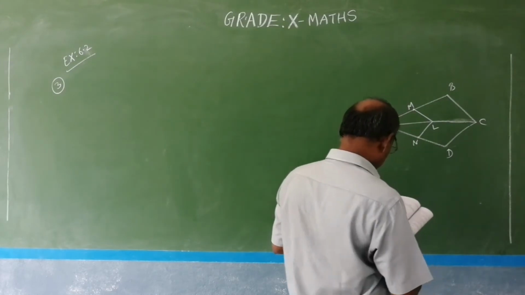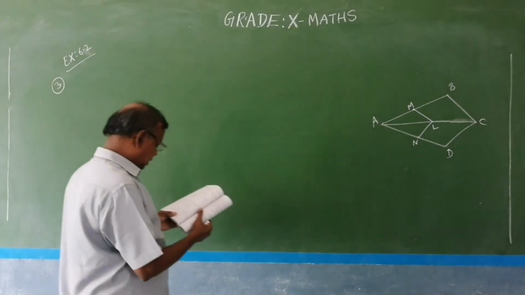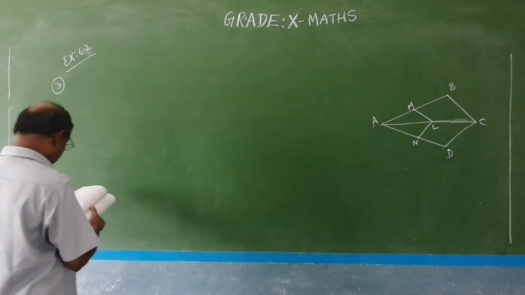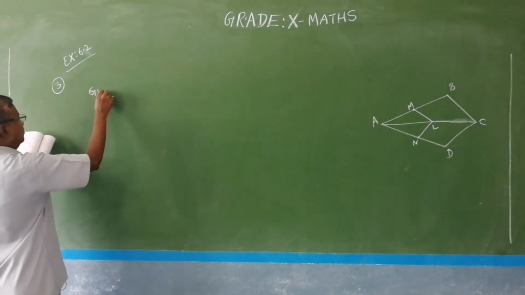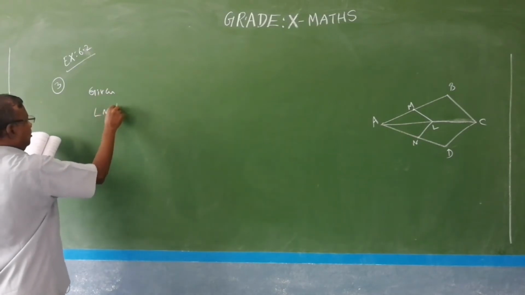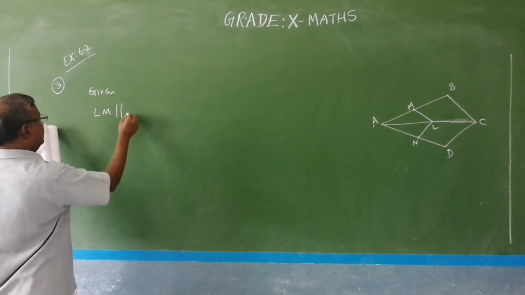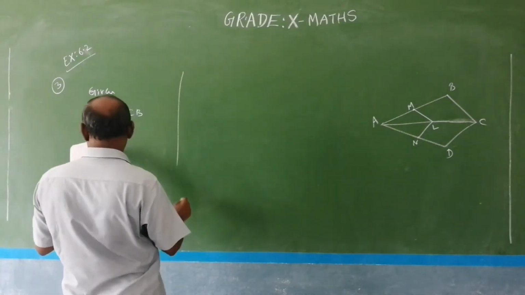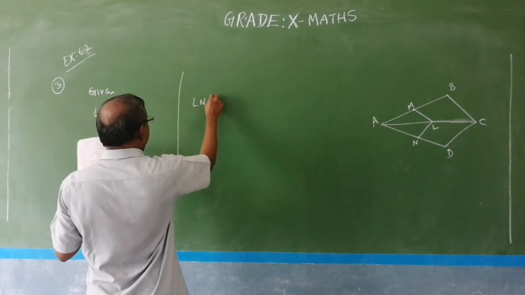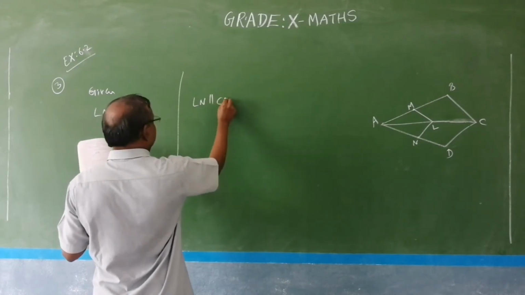Okay. So, in the given diagram, LM is parallel to CB, and another one LN parallel to CD.